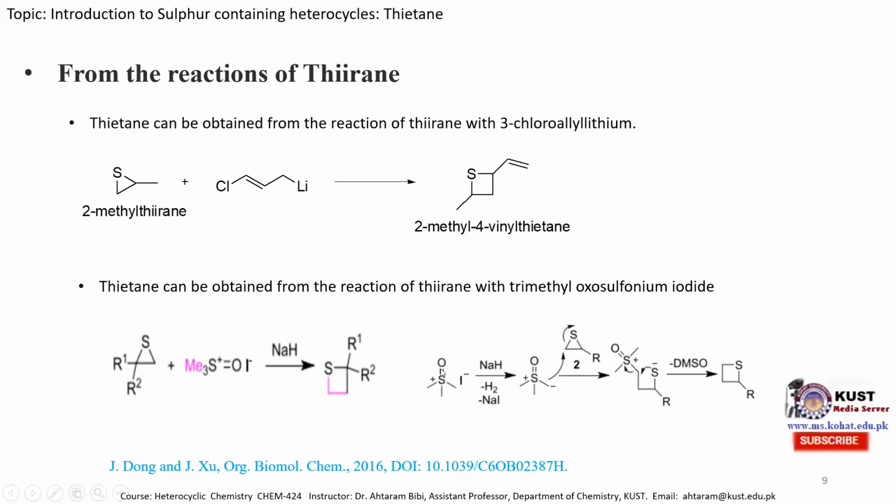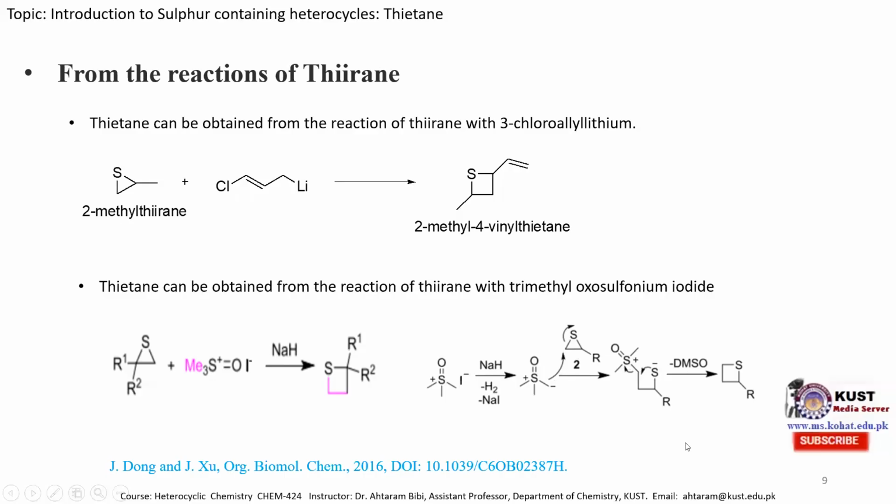trimethyl oxosulfonium iodide is treated with sodium hydride to produce this carbanion molecule, and in this case the hydrogen gas is released as well as sodium iodide is produced, and then this carbanion attacks the thiirane molecule to produce an intermediate species, and in the next step this sulfur attacks this carbon atom which bears the sulfoxide ion, so it produces the dimethyl sulfoxide as well as the Thietane molecule.